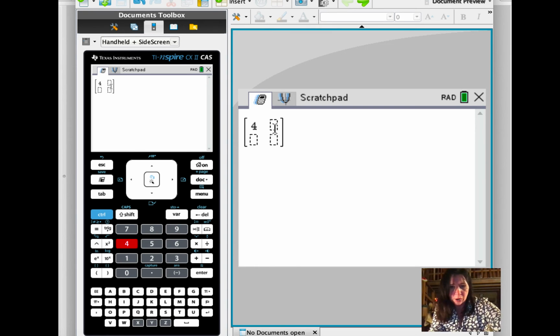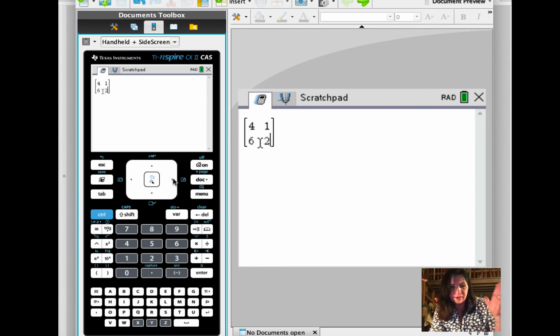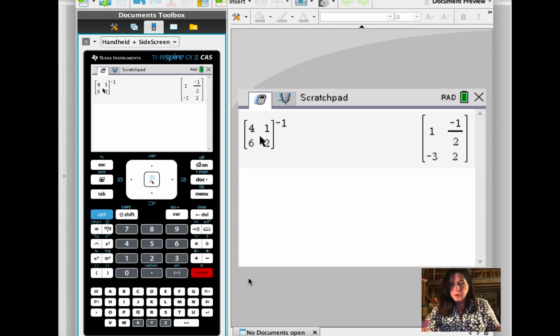I've got 4, 1, 6 and 2. And then you've got to use your arrow key to get out of that. And then I want to use my hat key because that'll be to the negative 1 power. That's my inverse. And I think I just hit enter.